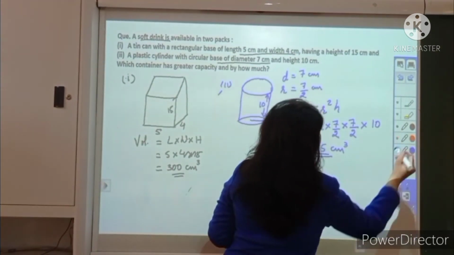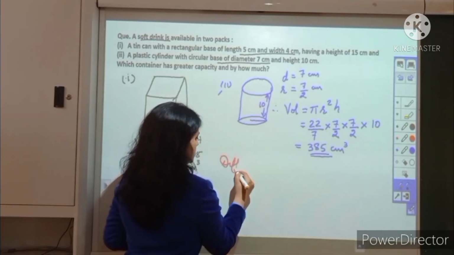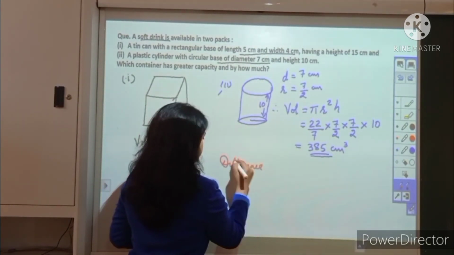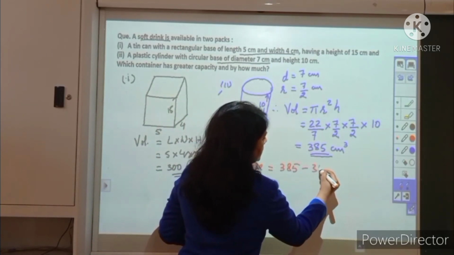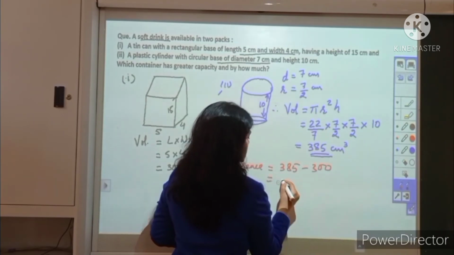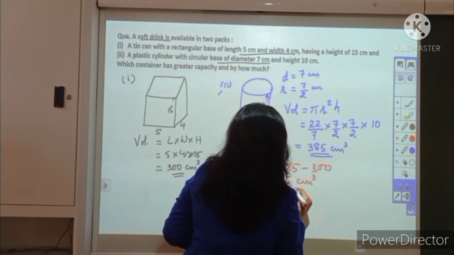In order to compare them, let's find their difference. Difference is 385 minus 300, which is 85 centimeter cubed.